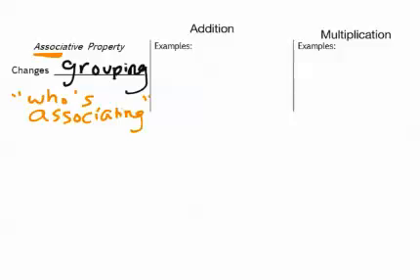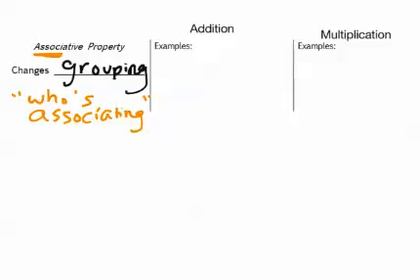One day maybe you want to associate with the first number, but the next day you're going to associate with the last number. So you're going to change the parentheses or change the grouping. Now we always want to remind our students that not every time there are parentheses, it's associative. Sometimes you might see parentheses in commutative, but there will always be parentheses for associative property.